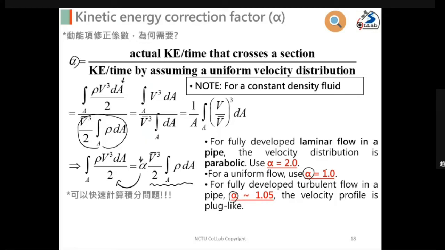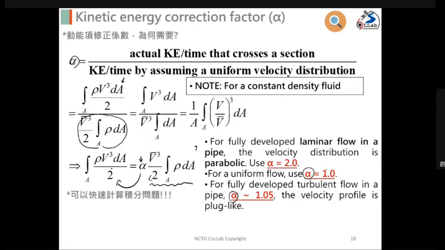Okay. So what is the idea? I just emphasize again, the alpha is used as the correction factor, since we can compute these integration values very easily because the velocity is uniform.